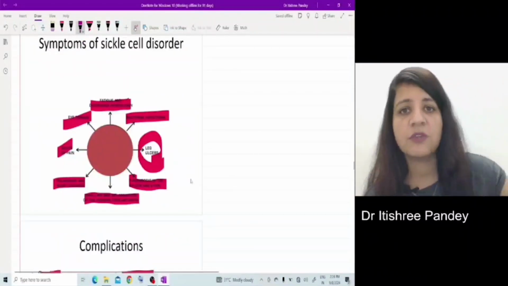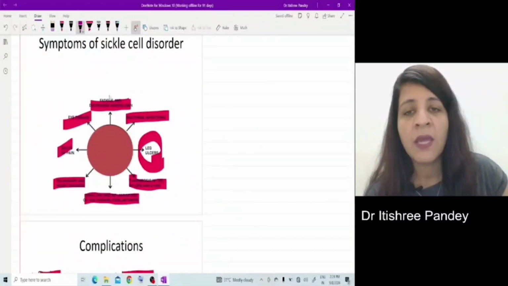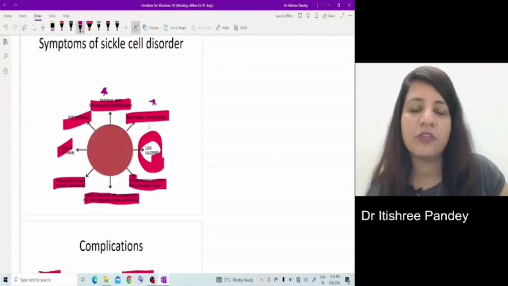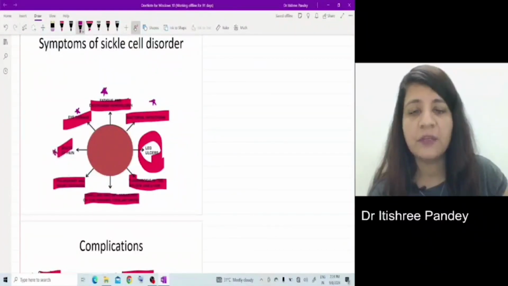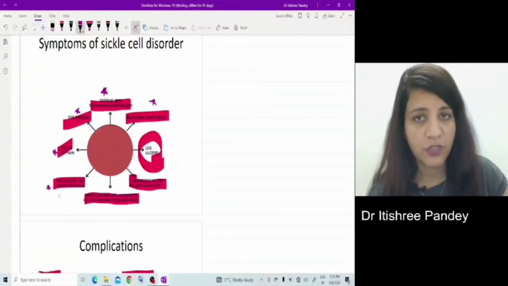Now coming to the symptoms of the sickle cell disorder, the patient will complain of fatigue and decreased hemoglobin, and will be more prone to bacterial infection as the patient's immunity is deteriorated. There will be eye damage, the bouts of pain which are called crisis, and pulmonary and heart disease because of the hypoxia.